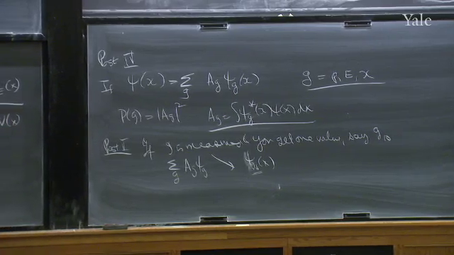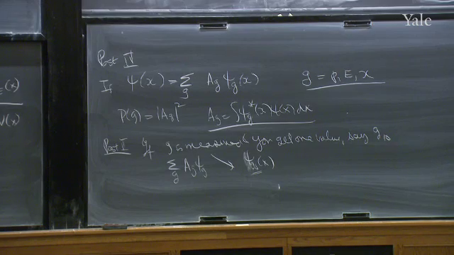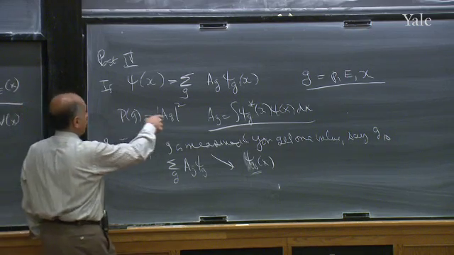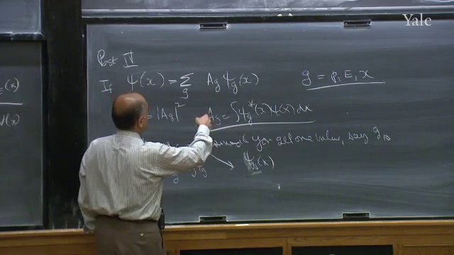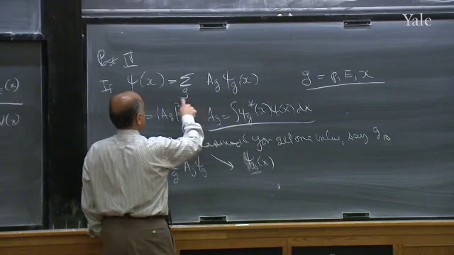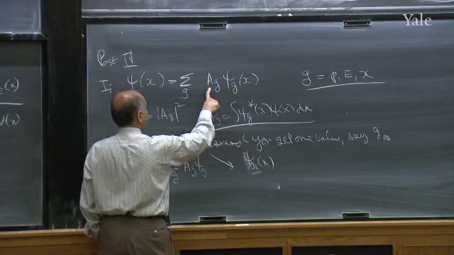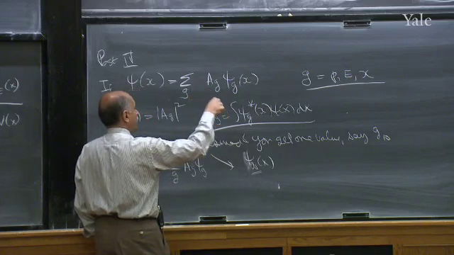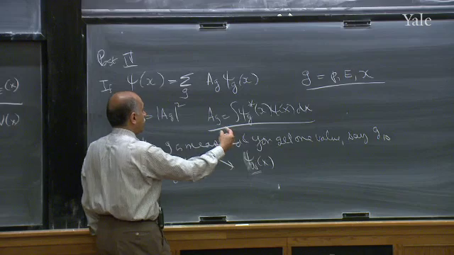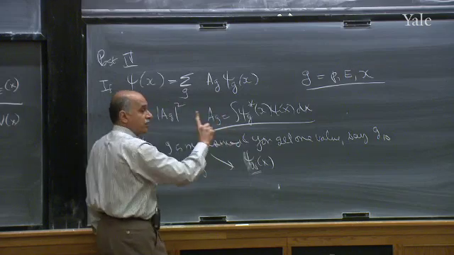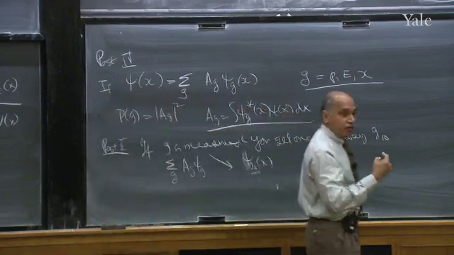This says the state collapses. So originally, you have a state, a general one, which is potentially capable of giving any possible answer that's contained in this sum with the probability proportional to the square of the coefficient. But once you made a measurement and you got a particular answer g, call it g naught, all the terms of the sum disappear except the one term corresponding to the one answer you got.